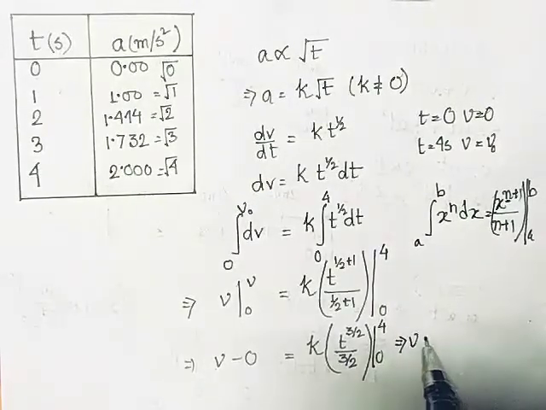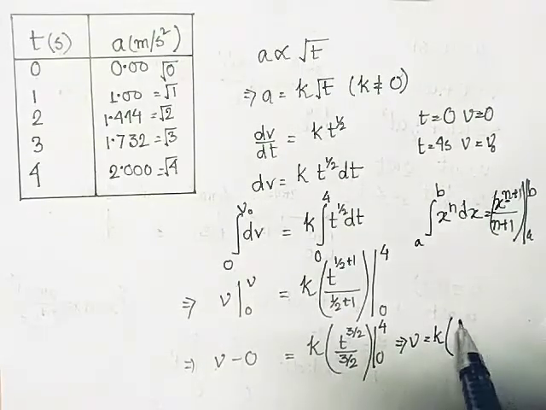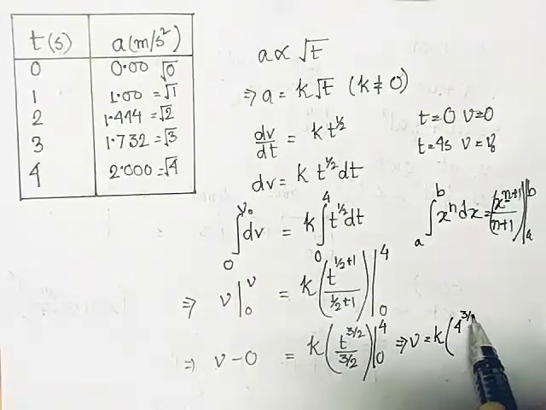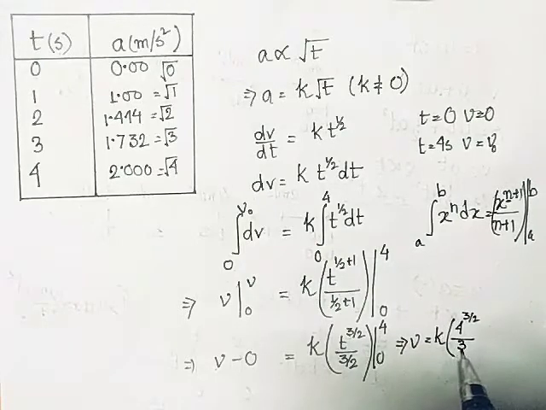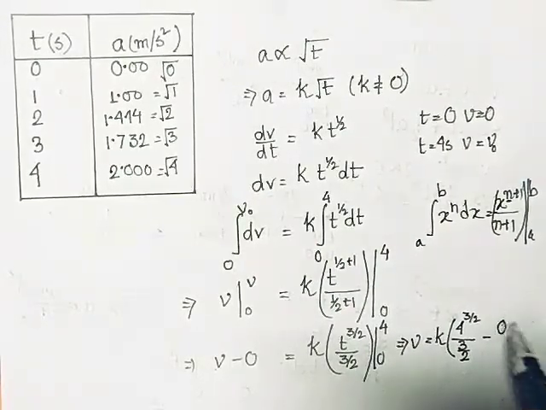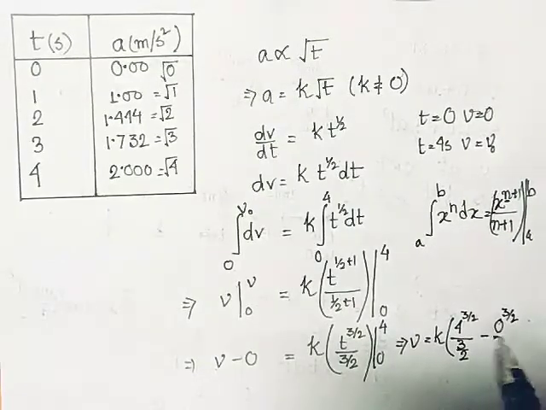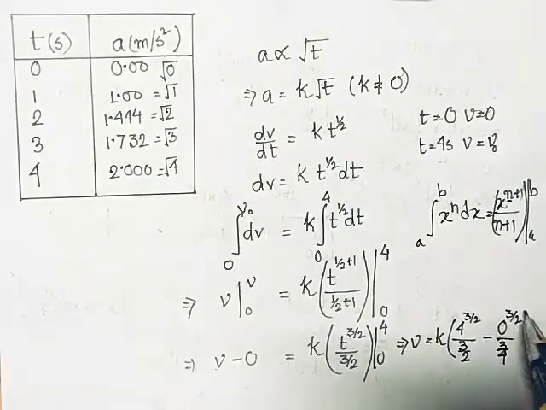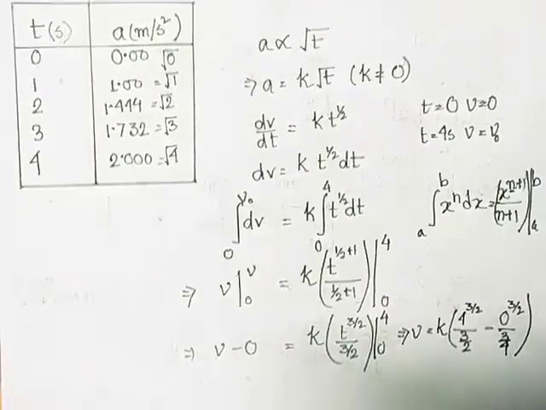So you can say v is equal to k times 4 to the power 3 by 2 divided by 3 by 2, minus 0 to the power 3 by 2, which is 0.